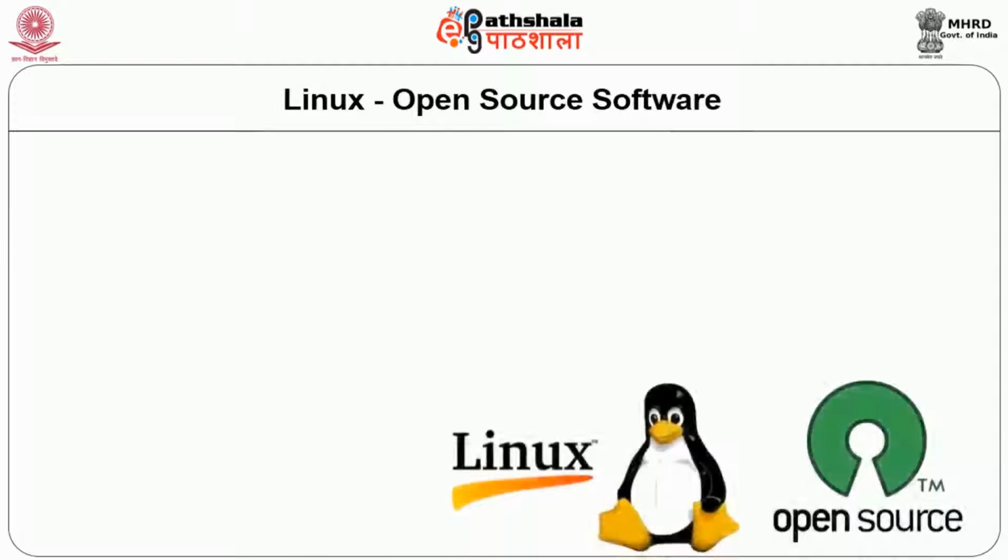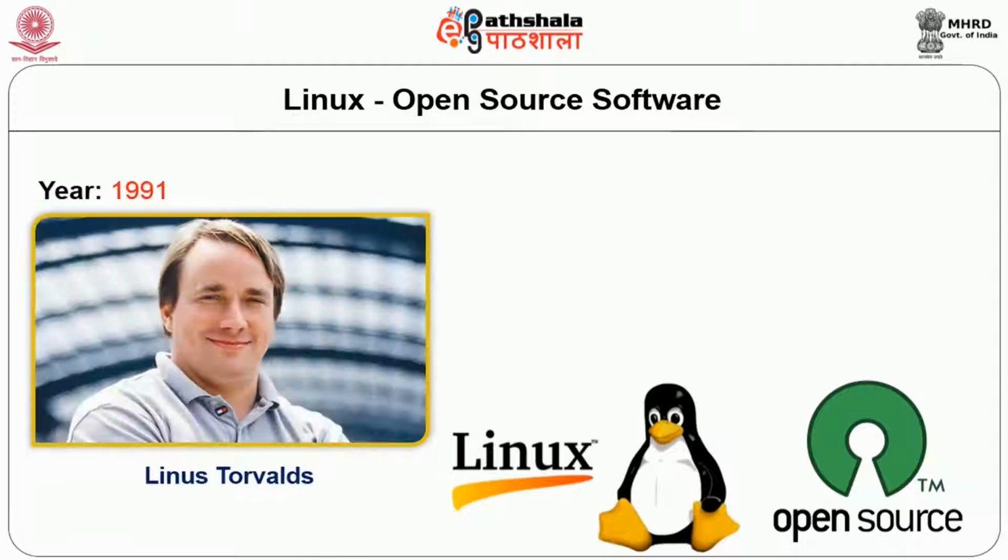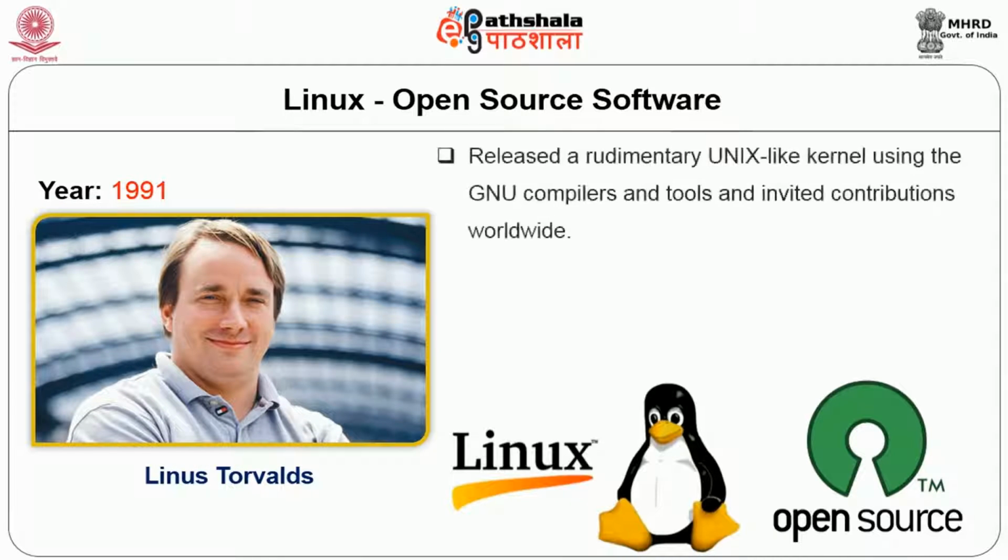Linux. It is the most popular open source software. In 1991, a student in Finland, Linus Torvalds, released a rudimentary Unix-like kernel using GNU compilers and tools and invited contributors worldwide.